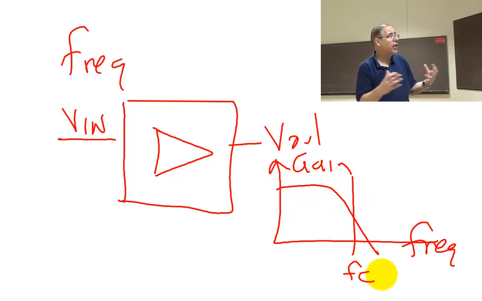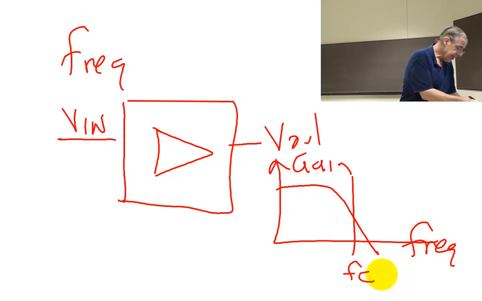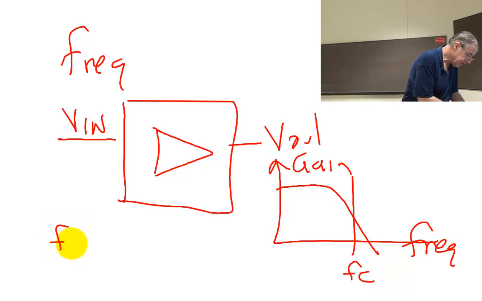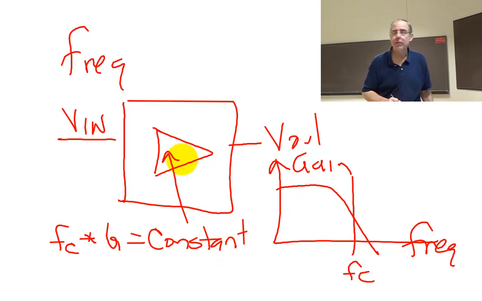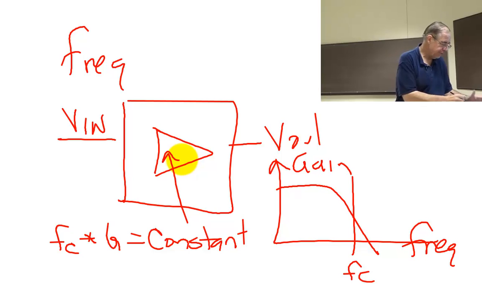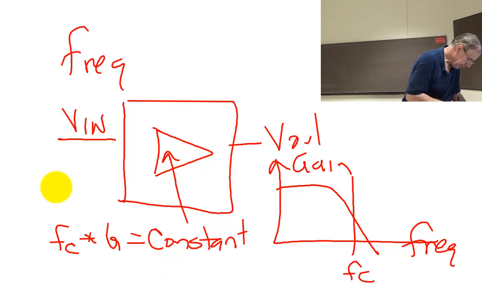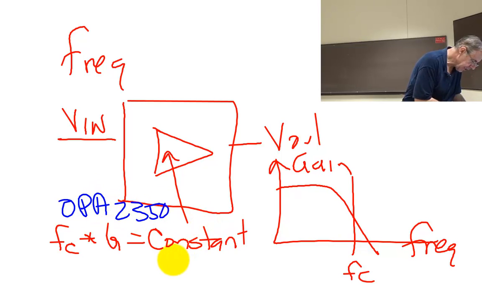There will be a cutoff frequency, called the bandwidth, and it turns out that this cutoff frequency times the gain is going to be a constant. And that constant is a function of that op amp. So we saw for the OPA2350, this constant was 38 megahertz.